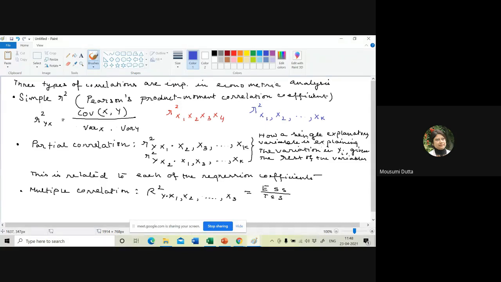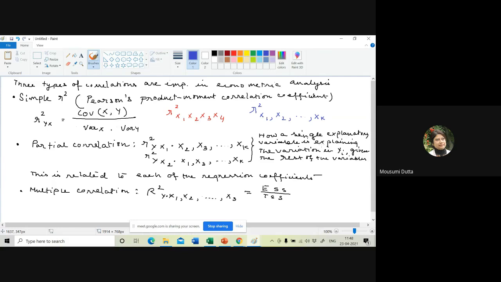Okay, so if I consider again k explanatory variables in the model, partial correlation is defined in general as r square y x1 dot x2 x3 up to xk.